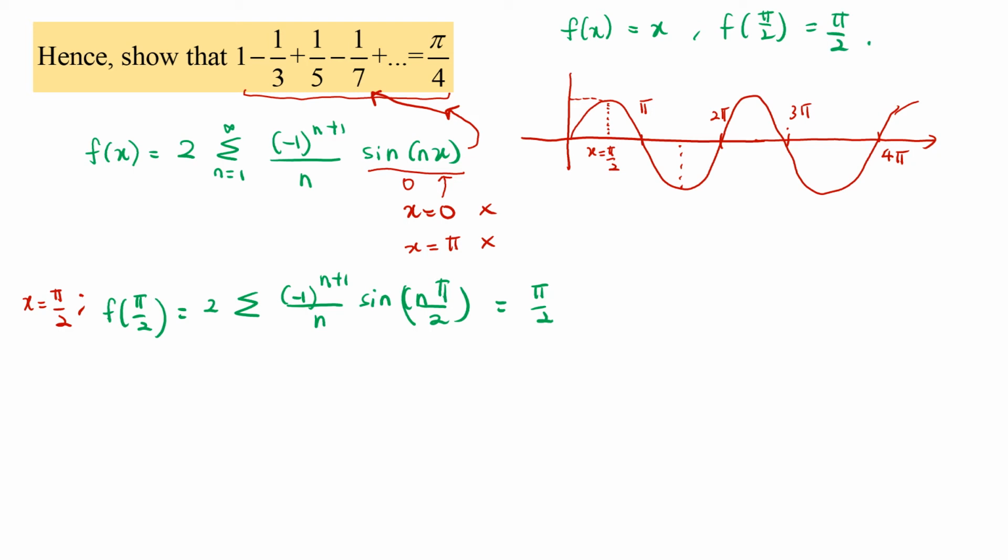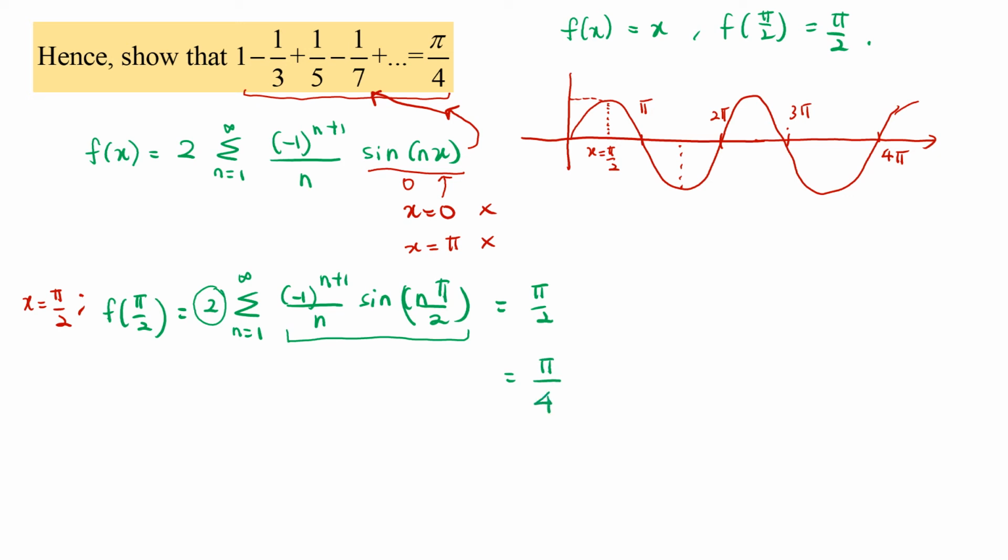Okay, now the next step is you have to expand this summation, where the summation is n equals 1 up to infinity. And then we bring this 2 to the right side. First of all, we bring 2 to the other side, so we get pi over 2 divided by 2, which is pi over 4.